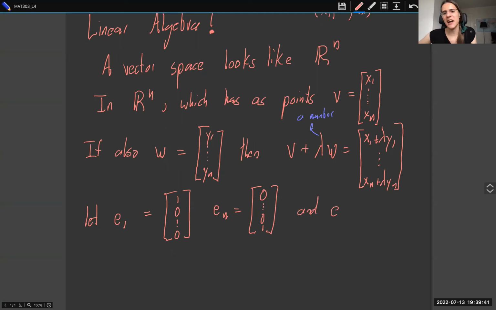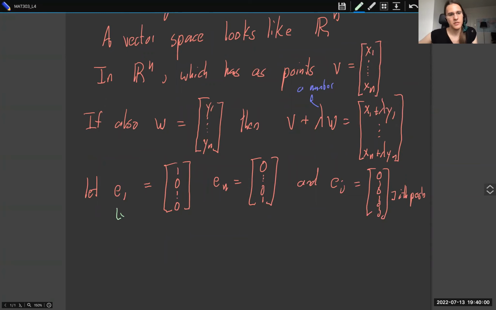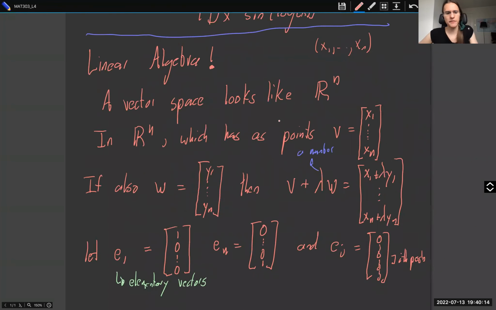And Ei just be this, where this is the ith position. And these are known as elementary vectors. You can also call them members of the standard basis for the space. That's another way of saying it.